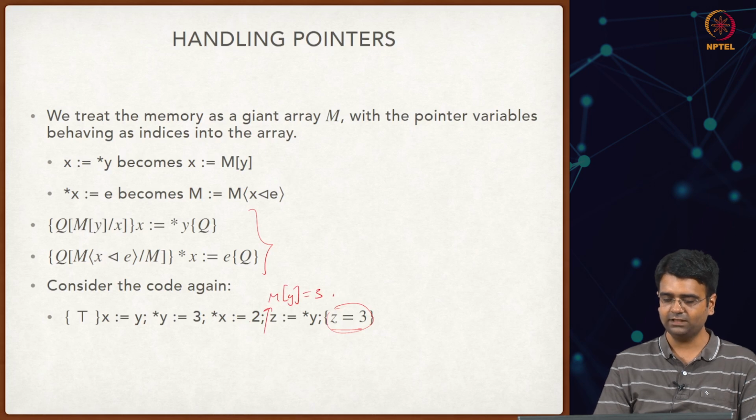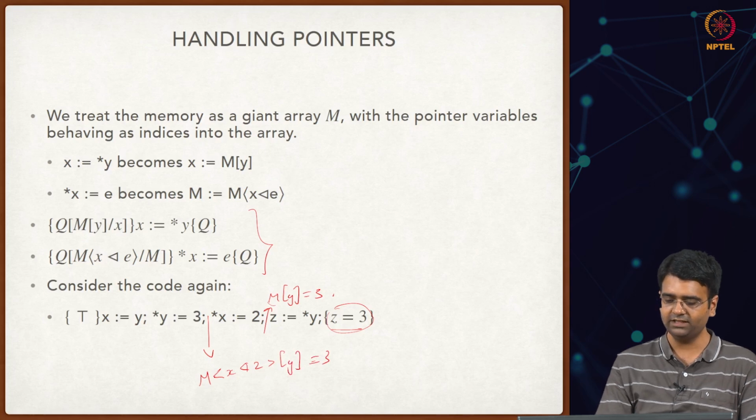And then star x equal to 2. Again, we are going to propagate this m of y equal to 3 backwards through star x equal to 2, which means that we are going to now change this memory array m. So at this point m will become m where x has the value 2, and in this modified array, we are asking whether or not the index y is equal to 3.